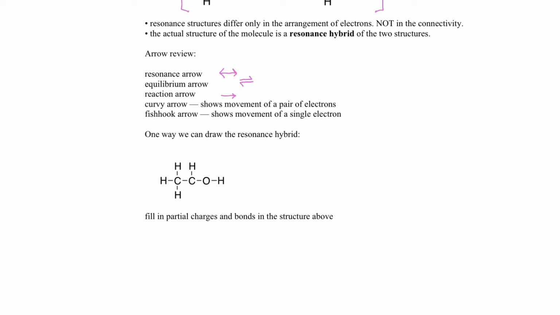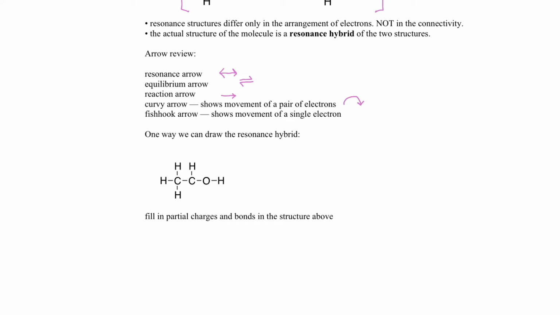A reaction arrow you use for chemical reactions, and it's just a regular arrow pointing in one direction. Now, something that's new in OChem, these are called curvy arrows or curved arrows, and they show the movement of a pair of electrons. So these are curved, and they show the direction the pair of electrons are moving. So that's a full head in this arrow.